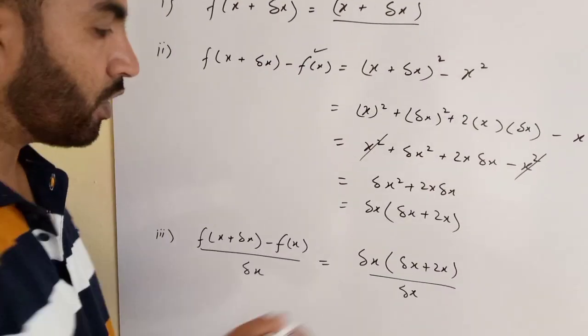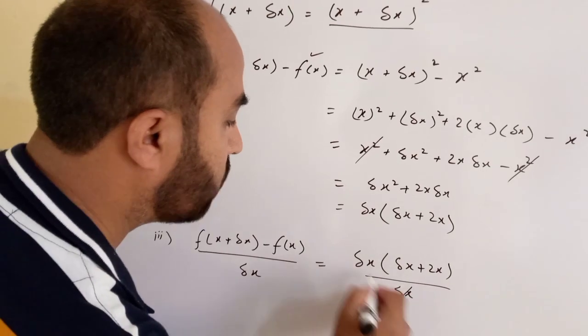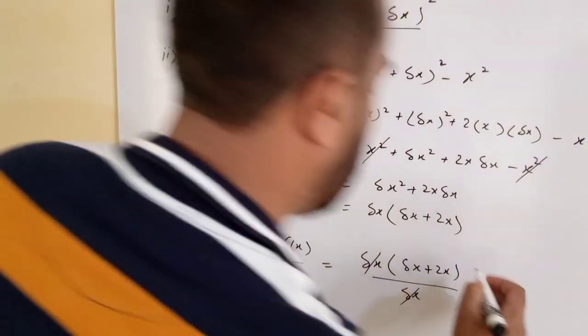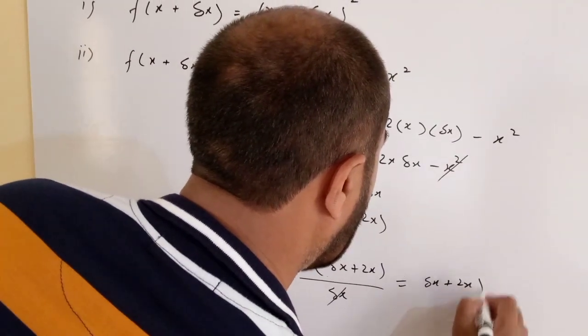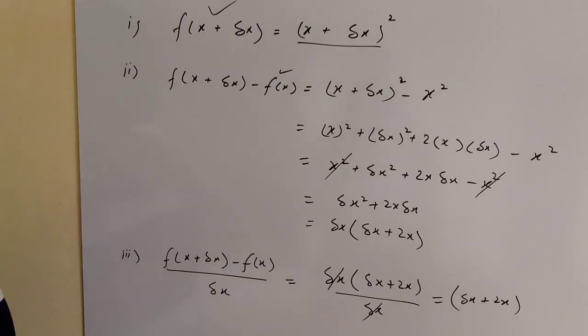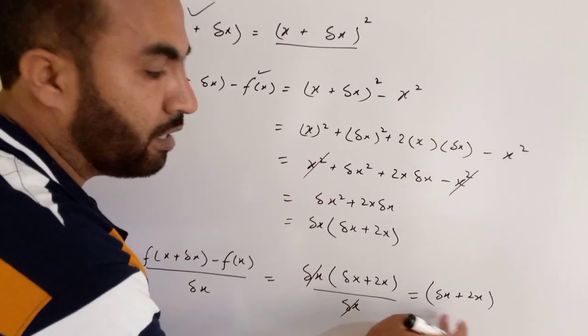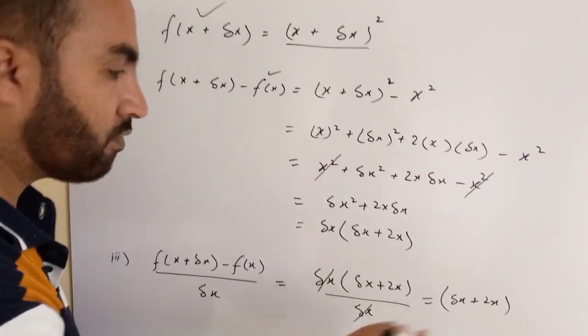This is our step 3. Here you can see this delta x will cancel with this one, and we are left with delta x plus 2x. In the next step, step 4, we will apply the limit and find the derivative of the function.